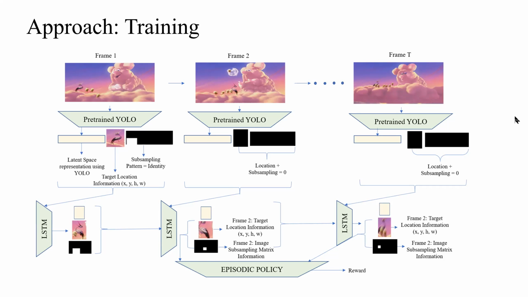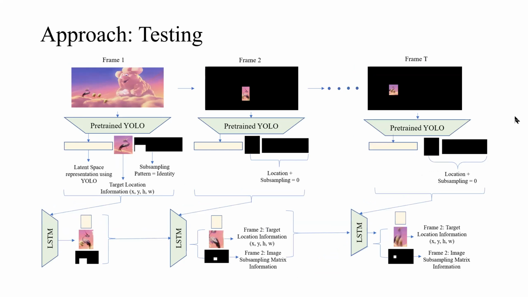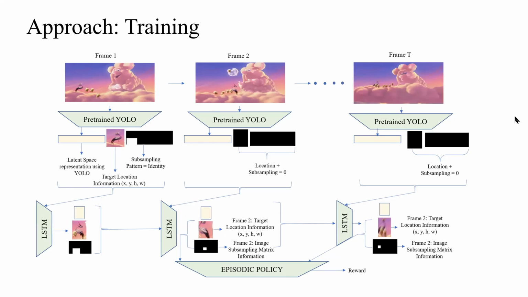Then this LSTM's information is encoded in its hidden state, which gets sent to the LSTM at the next time step. Along with the previous time step's hidden state, it also receives that frame's features, but not the ground truth subsampling and location information any longer. So basically, in a batch, only the first frame gets the ground truth information at the training stage.